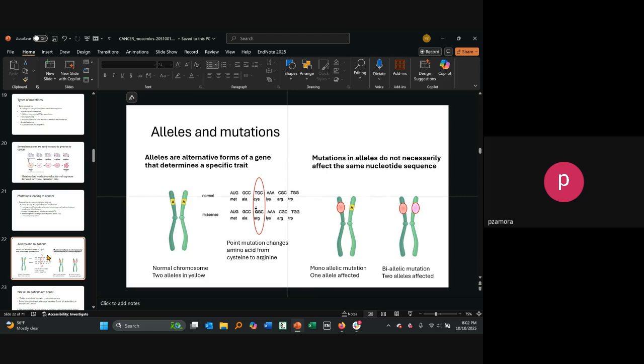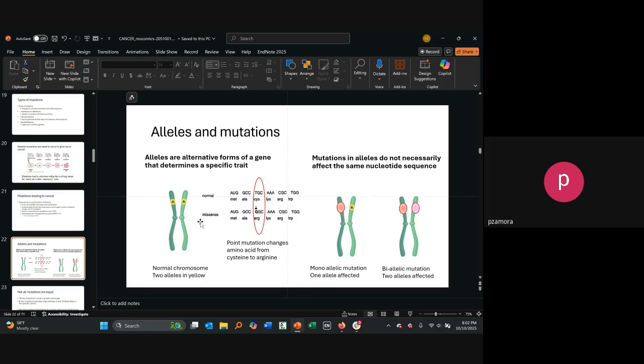On the left-hand side here is an illustration of a chromosome in two pairs. Each segment here in yellow is trying to illustrate an allele. An allele is an alternative form of a gene that determines a specific trait, and typically there's one of these alleles on each individual chromosome pair.